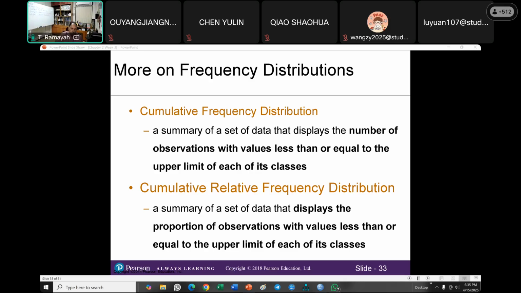So we will take the first number in the group plus the second group, and then we keep adding. So we will get a value called the cumulative relative frequency distribution. And then we can also calculate the percentages.